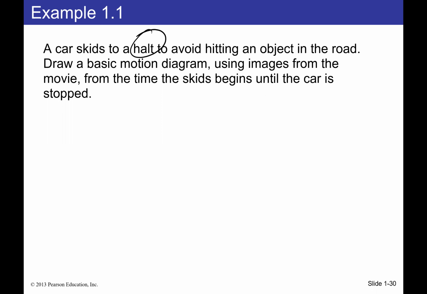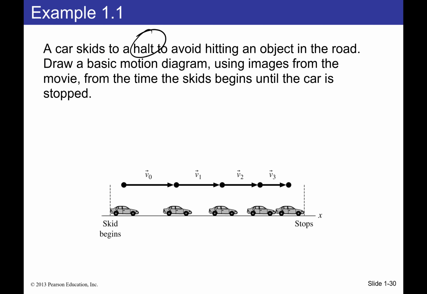It says draw a basic motion diagram using images from the movie from the time the skid begins until the car stops. So for example, here we have a visual example of cars, right? You're drawing the cars. You can see here's, let's say, X0, X1, X2, X3, and X4. This is represented with D1, this is D2, and so on.